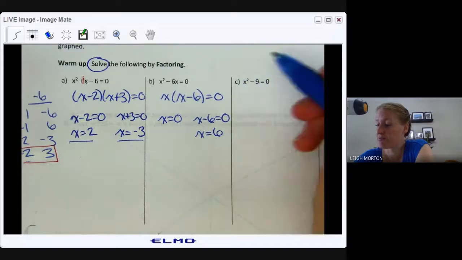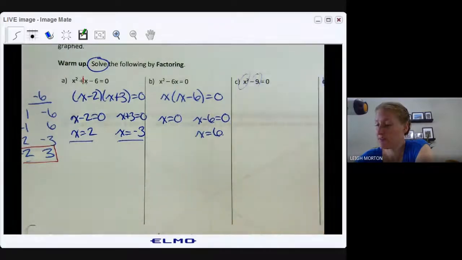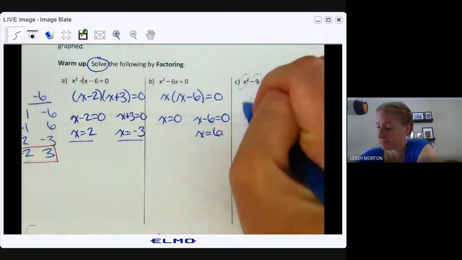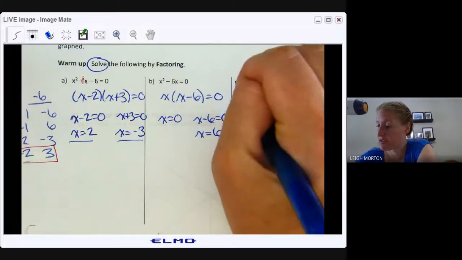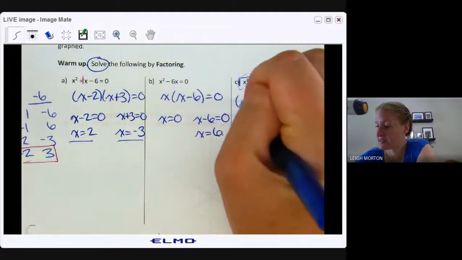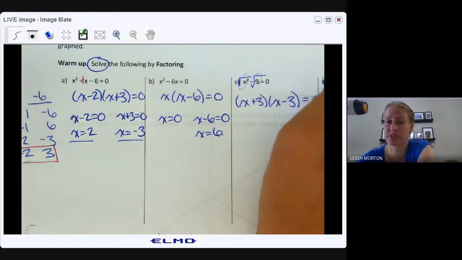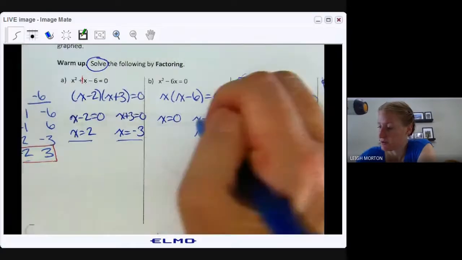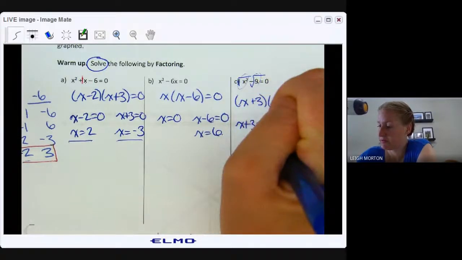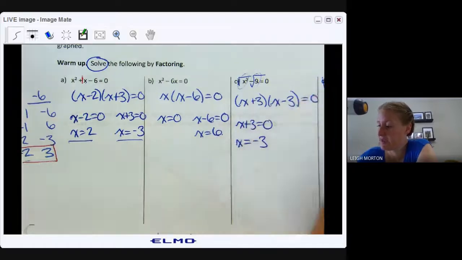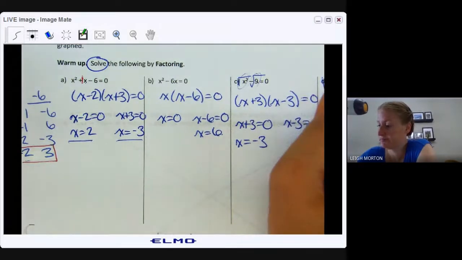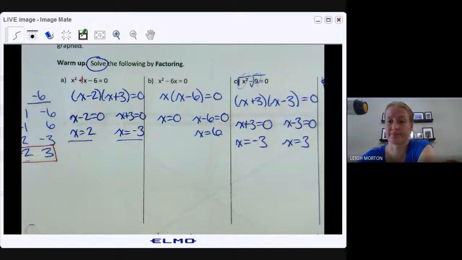I do see that they're both perfect squares and one's being subtracted, so I know it's difference of squares. I just square root each of them. That gives me x plus 3 times x minus 3 equals 0. So x plus 3 equals 0, x equals -3. X minus 3 equals 0, so x equals +3.